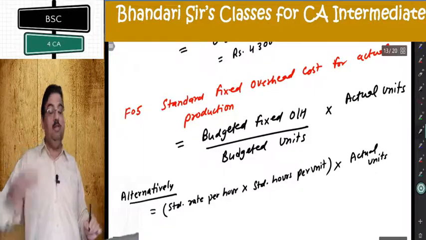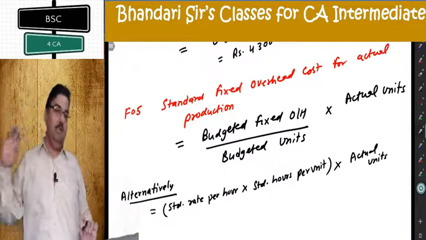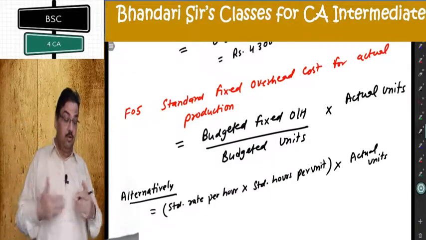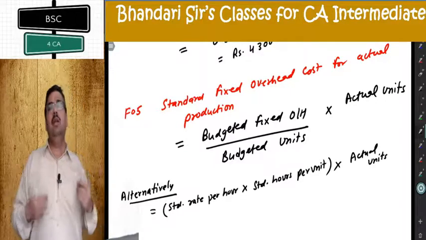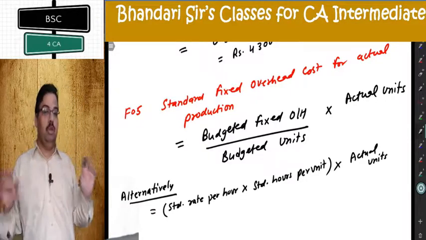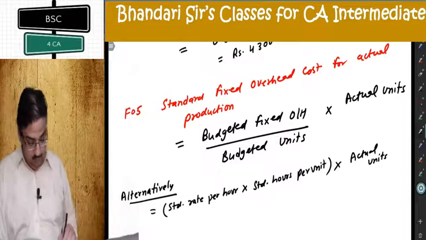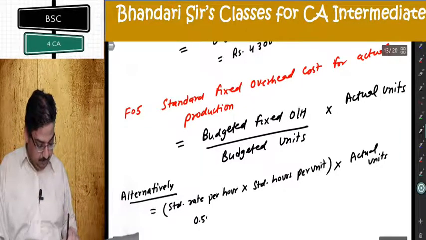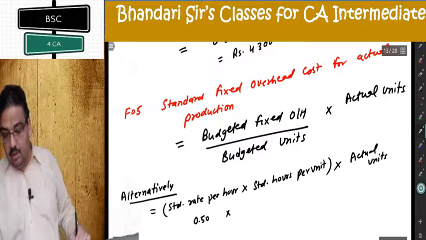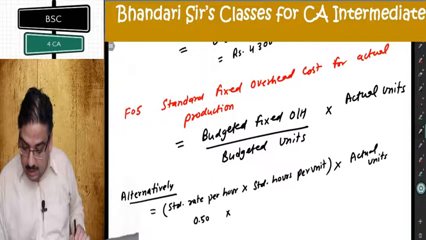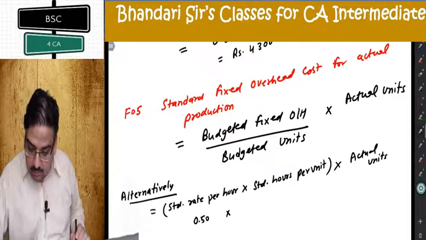Now, alternatives are very important to understand. There are alternative ways of doing also. You can apply the first formula also, but that will be a little tricky. Let's not get confused into that part. Let's do it in the easier way that we are using. 50 paisa per man hour multiplied by standard hours per unit. They will be given there.